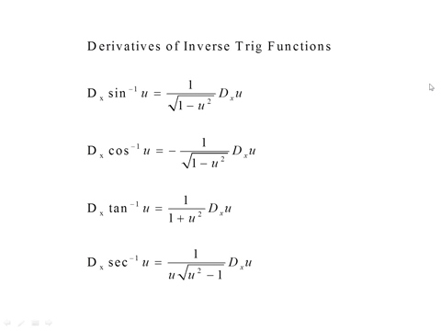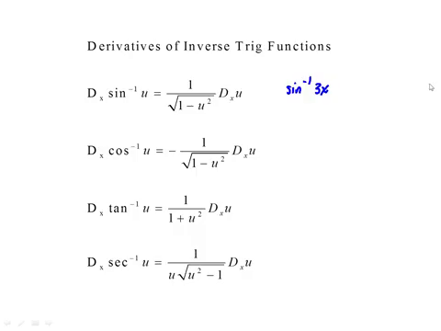Here are your derivatives. If you have to take the derivative of a sine inverse of u, plug into the formula. That's all it is. It's a formula. Notice you have sine. This would look like something like this: sine inverse of 3x. What is u? u is 3x, right?